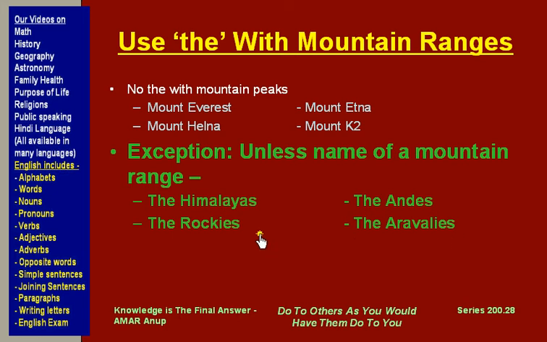These are not mountain peaks, but mountain ranges, and so as you can see we use "the" with these: the Himalayas, the Rockies, the Andes, the Aravallis. Remember the difference between "thuh" and "thee" we saw just now. So we use "the" with names of mountain ranges but not with names of mountains.